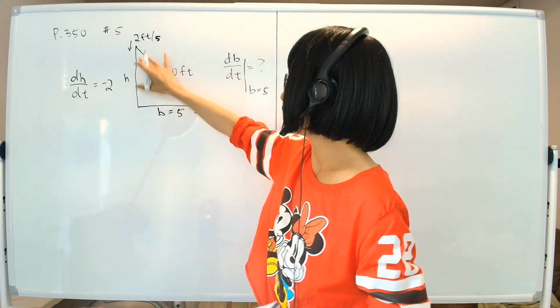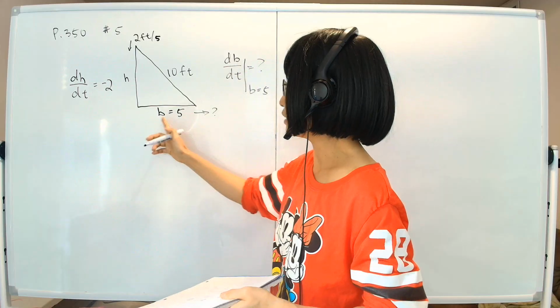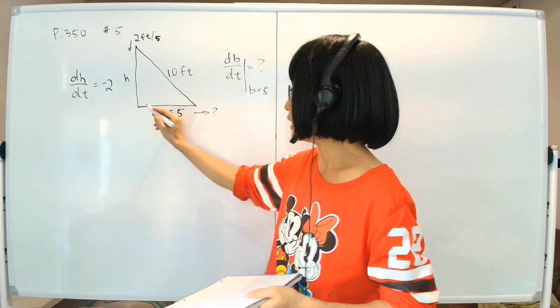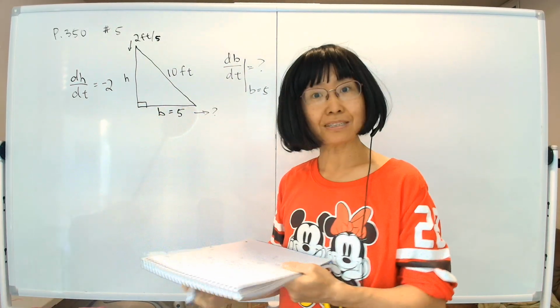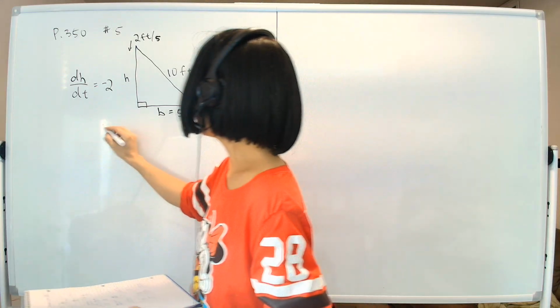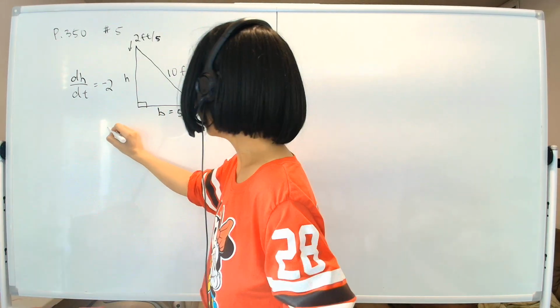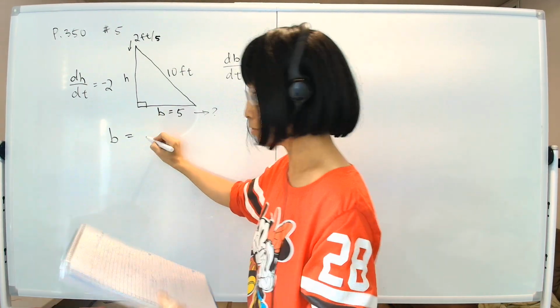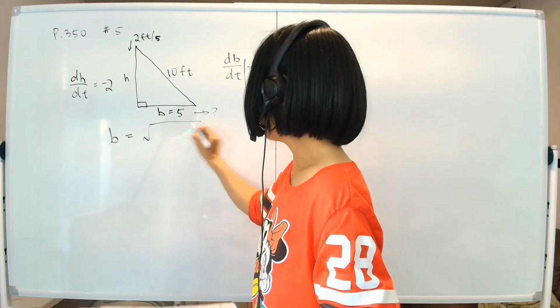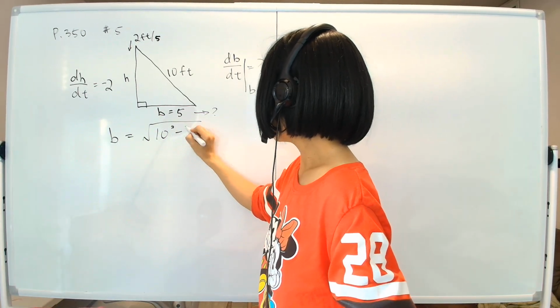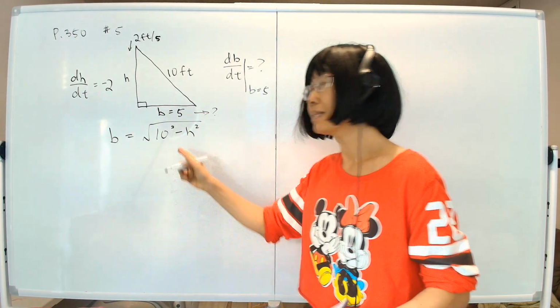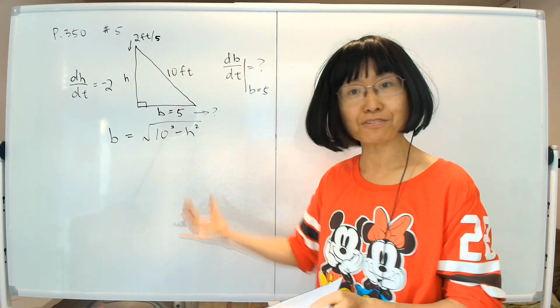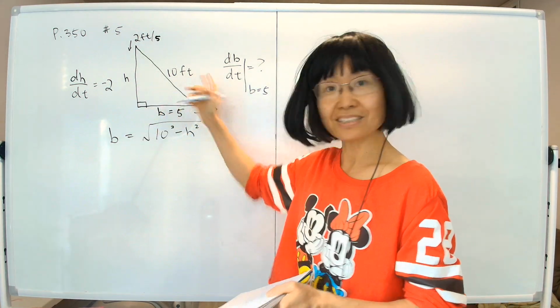The next thing we have to figure out is the relationship of b and h, and for that we'll use the Pythagorean theorem. So the relationship is b equals the square root of 10 squared minus h squared, by the Pythagorean theorem, a squared plus b squared equals c squared.